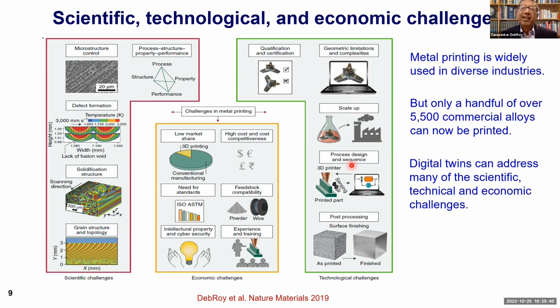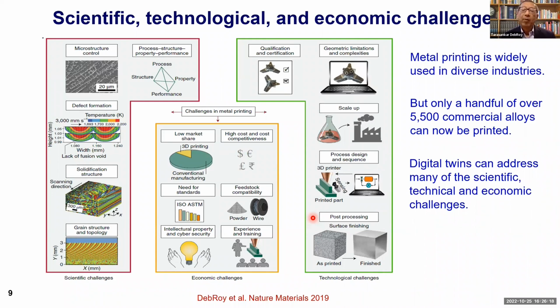Process design and sequence: I'm going to show you some examples of that later on, that we worked on collaboratively with the University of Michigan. And then post-processing is important. Remember, I said that some of the surfaces are rough, and those are areas where cracks can nucleate depending on the triaxial stress state.